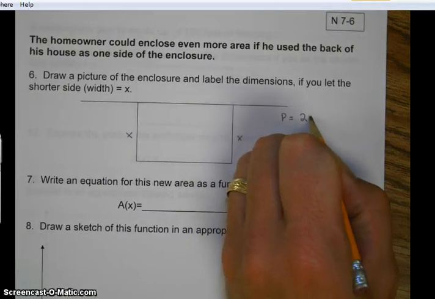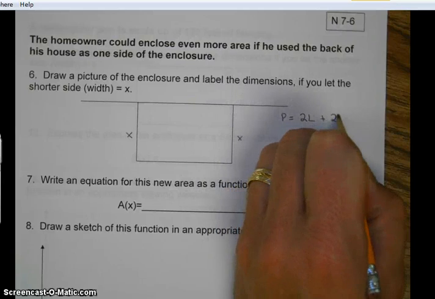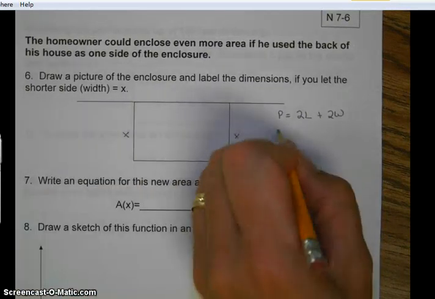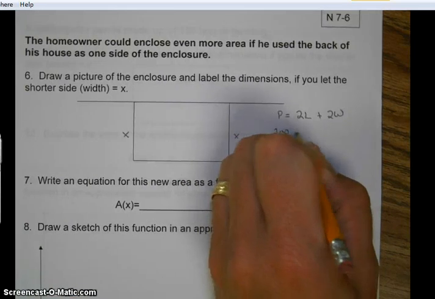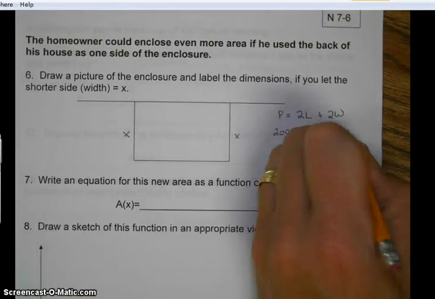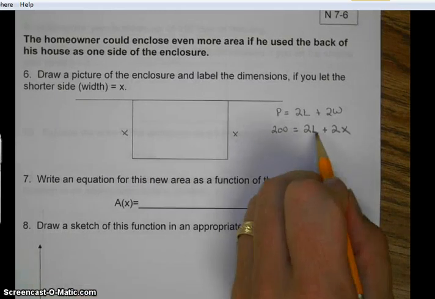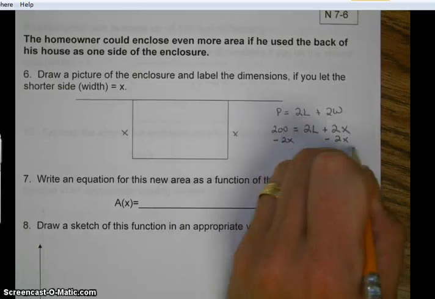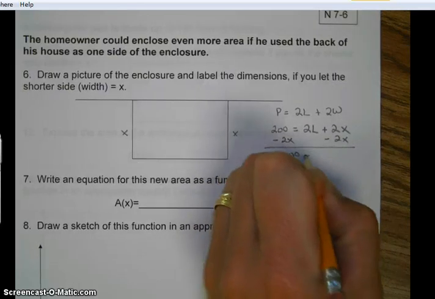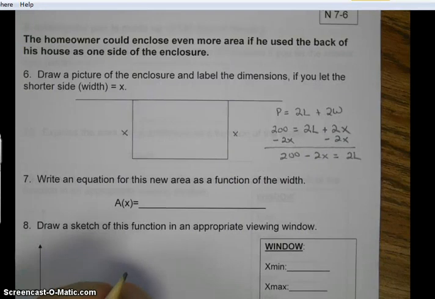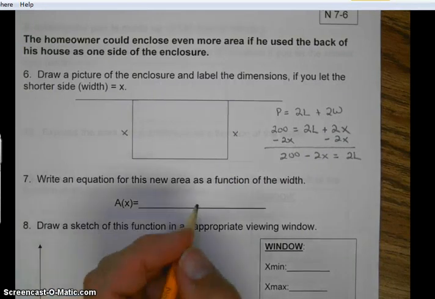So we have 2L plus 2W for perimeter. So we know that the perimeter was 200 feet. We're looking for L, and we know the width is x. So we're looking for the length. So solving for L. Alrighty, and oh, made one little mistake.